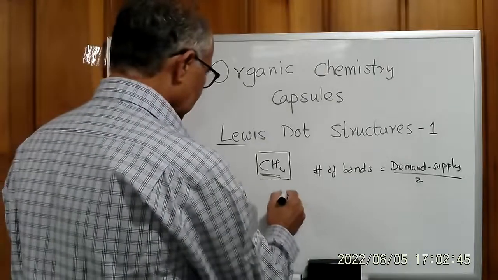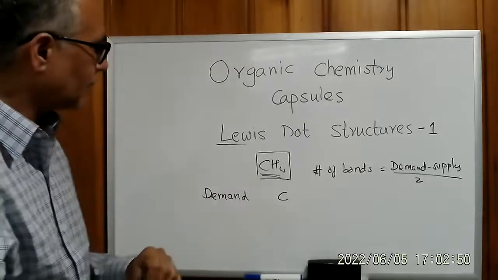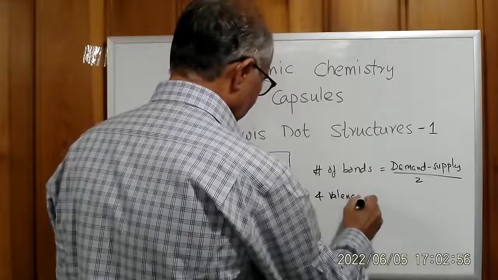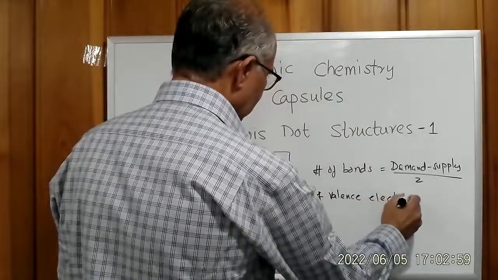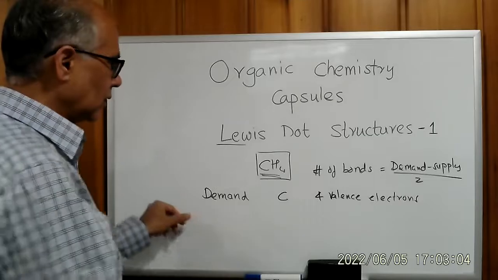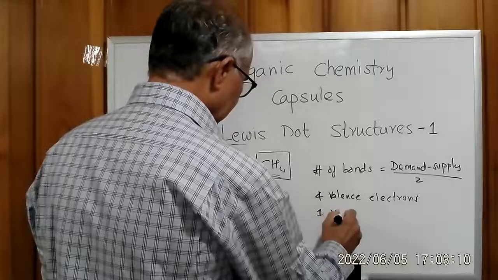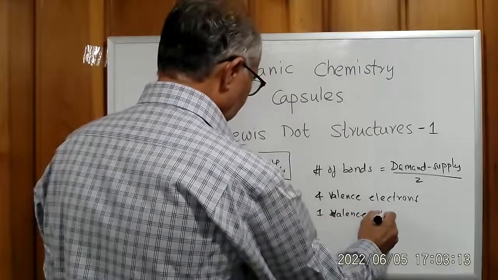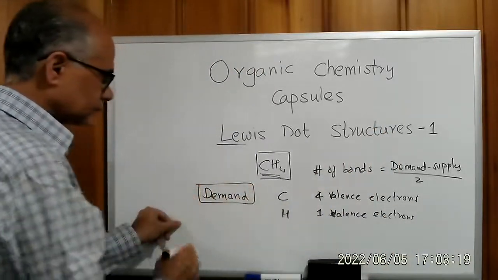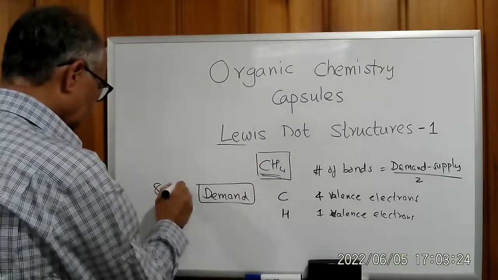Carbon, we saw previously, has 6 electrons total. 4 electrons are in the outer shell, so carbon has 4 valence electrons. Total 6 electrons, but valence electrons are 4, those electrons that are in the second shell, the outermost shell. Hydrogen has 1 electron, and it is the valence electron. Looking at the demand, carbon demands 8 electrons around it.